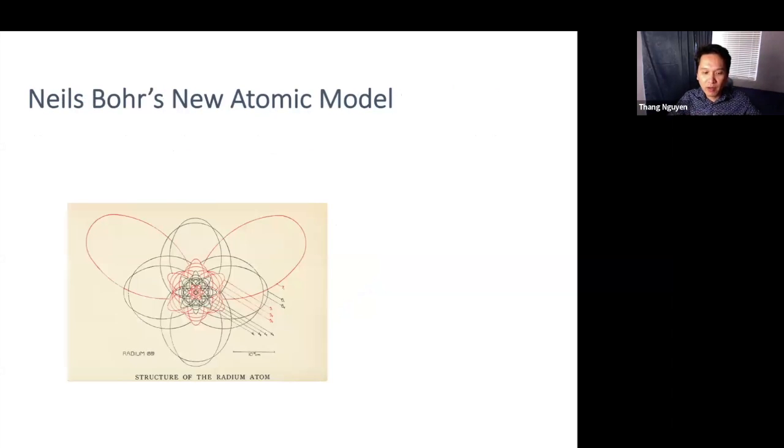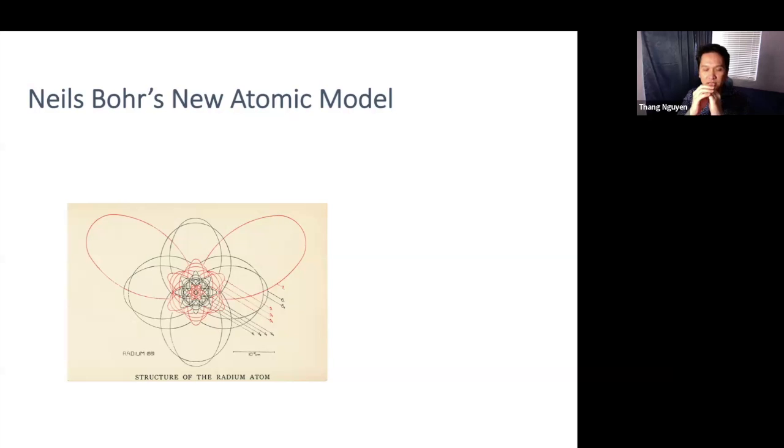From there, the model is built on further by Niels Bohr, who says that these electrons not only live outside, but they live in different levels. At this time, the idea of the solar system was just being discovered, and so it's very similar to the solar system, where you have the sun in the middle with planets orbiting the sun.